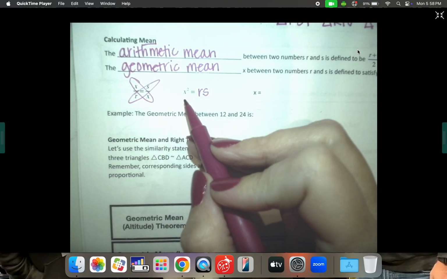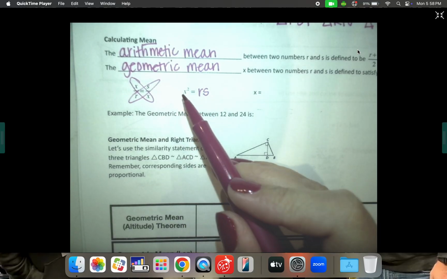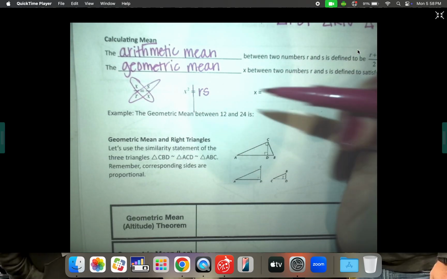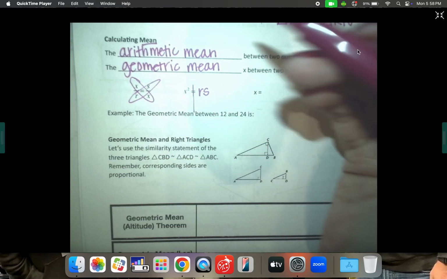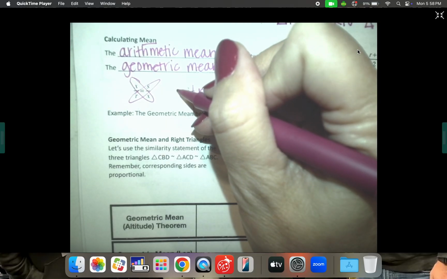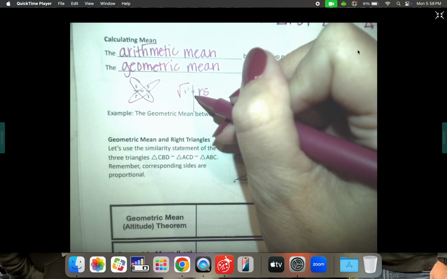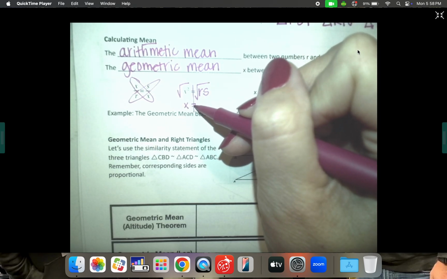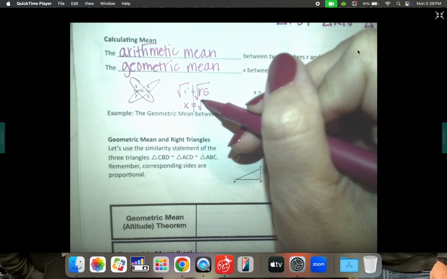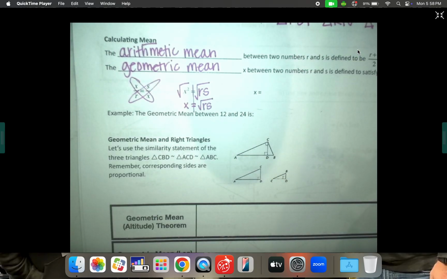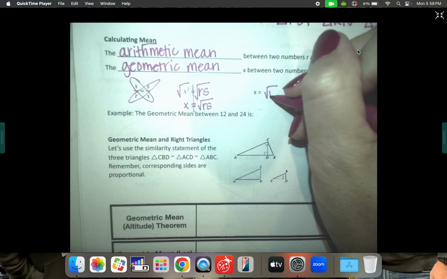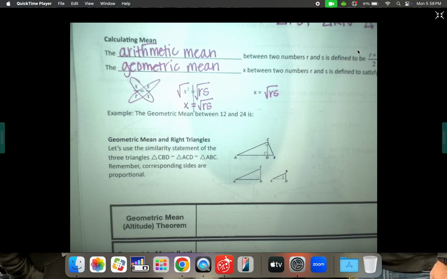Then in order to get X by itself, right now it's being squared. So you're just solving this equation like you would solve any equation. To get X by itself, you square root it, and what you do to one side, you do to the other. So X would be the two numbers multiplied together and then taking the square root of it.